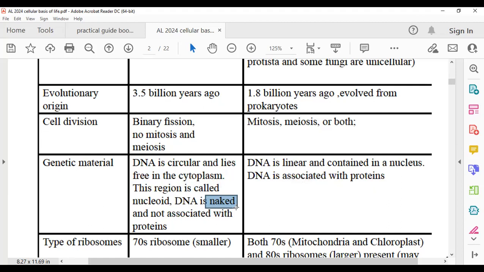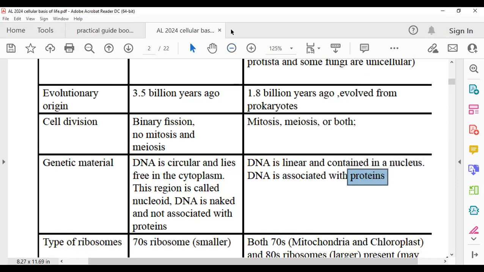If you go for the eukaryotes, the opposite word of circular, what is it? Linear DNA. Where is it located? In the nucleus, not in the cytoplasm. It is associated with proteins.